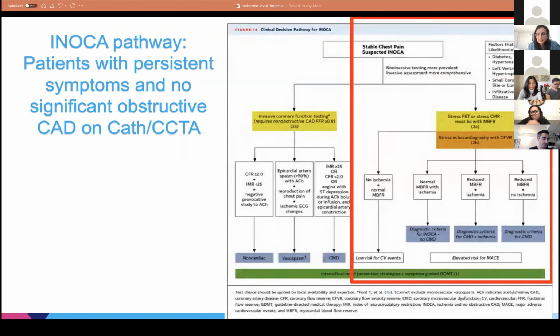This is what has been referred to as INOCA, ischemia with non-obstructive coronary artery disease, meaning the cath or coronary CTA did not show any blockage, but they continue to have symptoms of ischemia or angina. Previously they were labeled as false positives, but that's not the case.